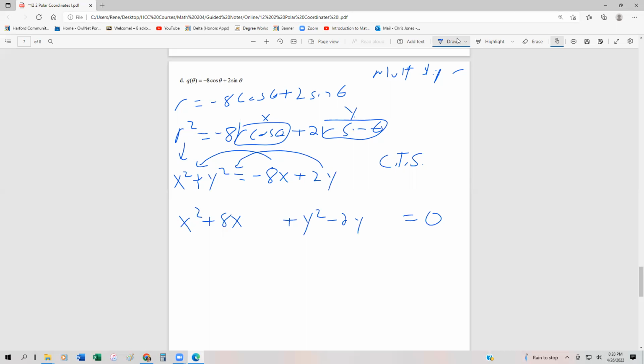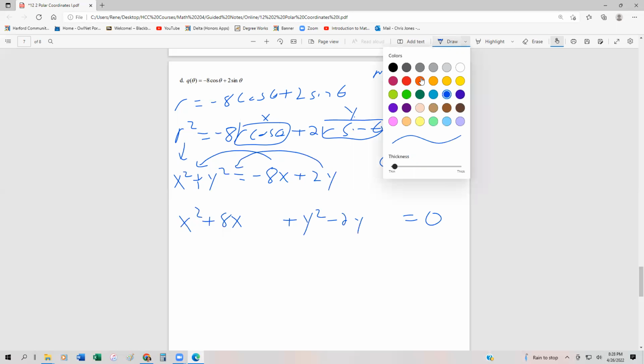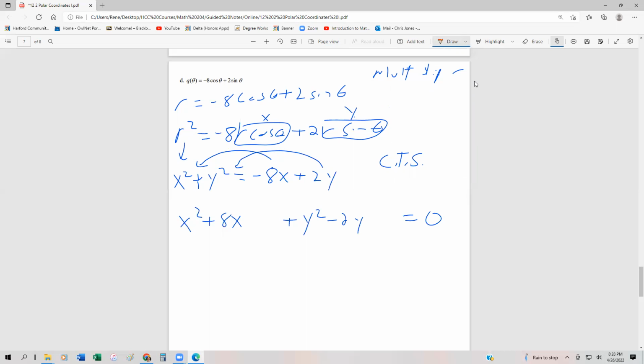To complete the square, you take half of the middle term and square it. So I'm going to take 8 over 2 and square it, and then take -2 over 2 and square that.